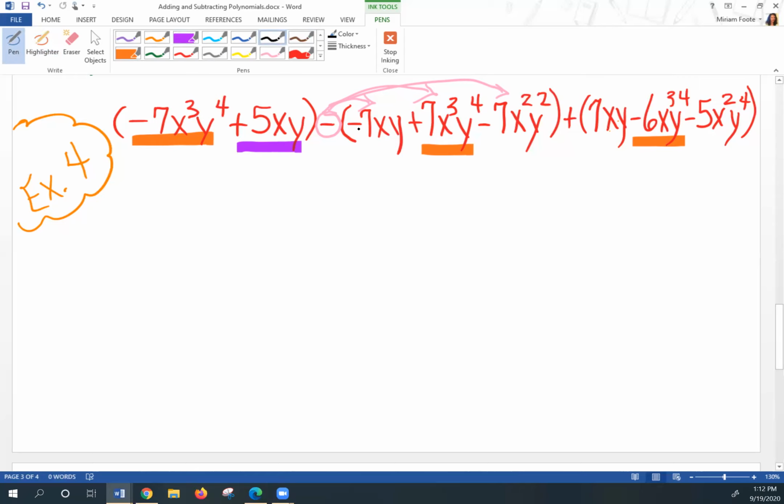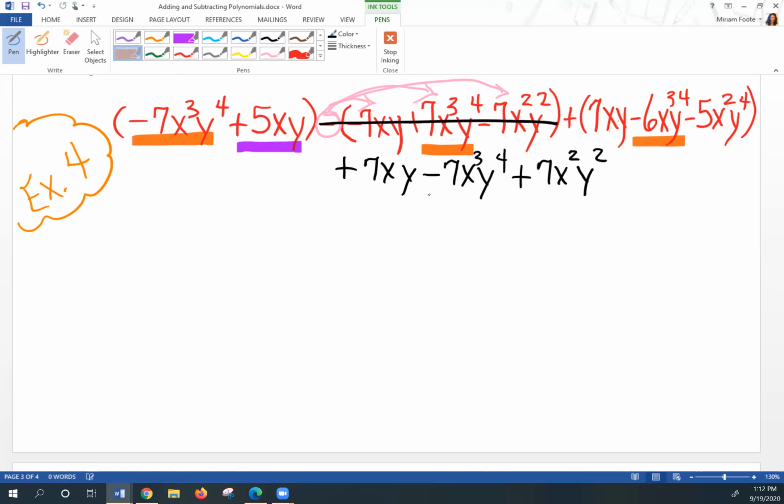So negative times negative is going to result in a positive 7xy. Negative times positive will result in a negative 7x cubed y to the fourth. Negative times negative will result in a positive 7x squared y squared. Get rid of that. Let me go back and put now. That way we won't get confused.